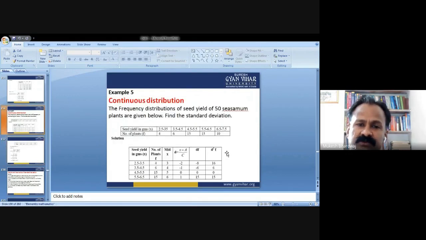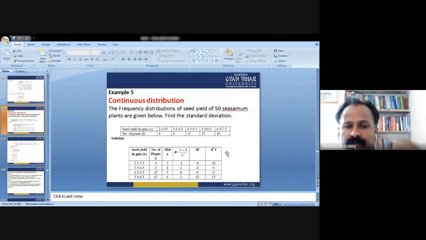So just observe the table. For finding out D, we are going to put x minus a by c. X minus a by c, you are going to get the value D, and just bring out the middle value x, because in D you are putting x.